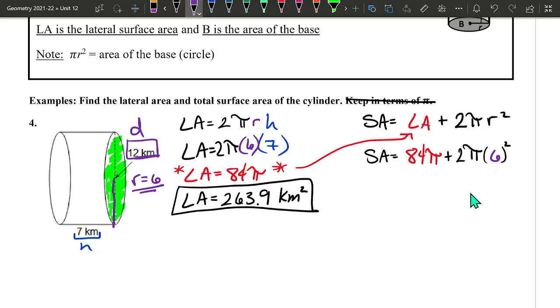I could type it in just like that, or if you want, 6 squared is 36. 36 times 2, 72. So 84 pi plus 72 pi. Or you can just type the whole thing in your calculator. And you'll get 490.1. And these are kilometers squared.